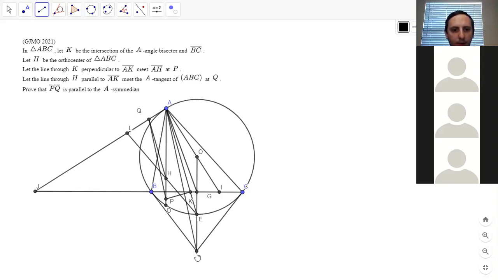Do you see how to compute HP? First calculate AP, then AP minus AH. Okay, that makes sense.